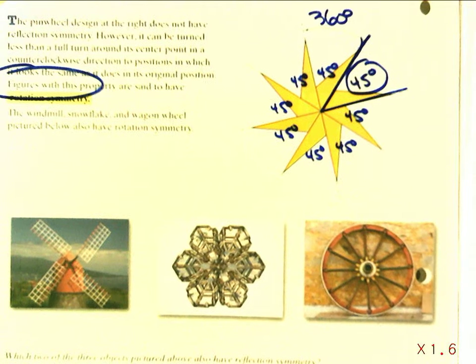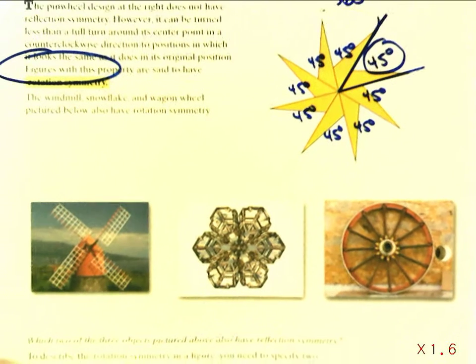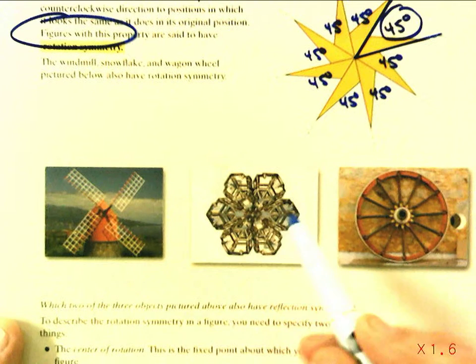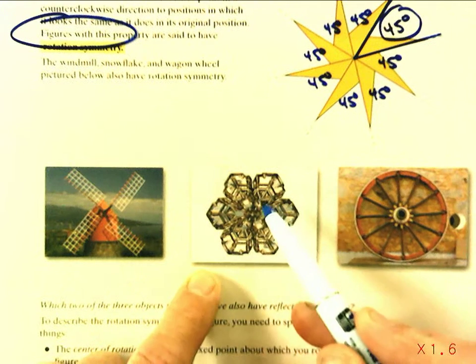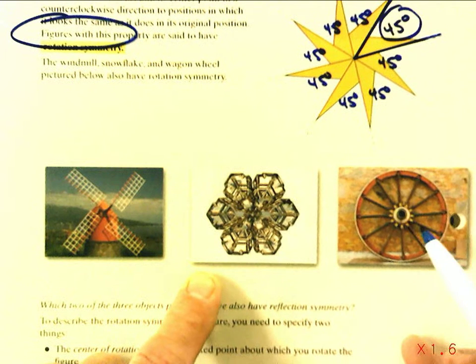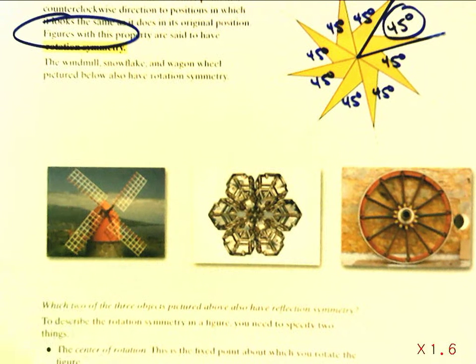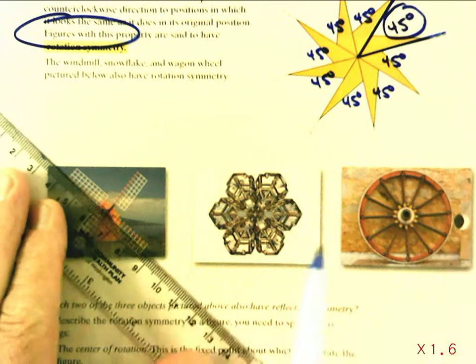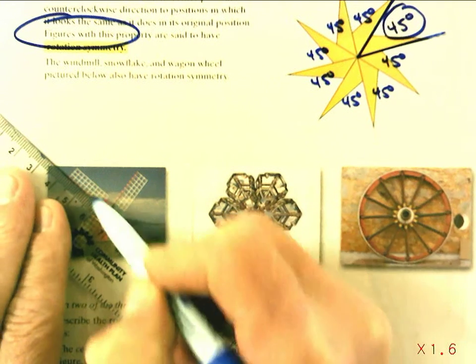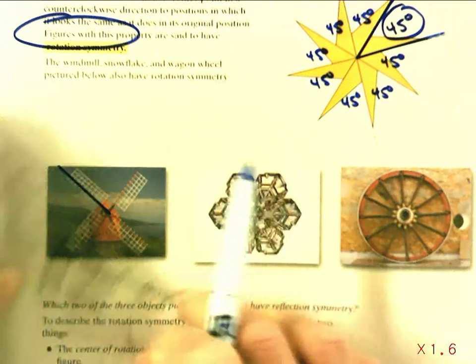And so if we look at the three images below, we have a windmill picture, a kaleidoscope, and a snowflake picture, and we also have a wagon wheel picture. In each case, you can see that they have rotation symmetry, and I can identify that rotation symmetry with the windmill by thinking of the center of the windmill being the center point, and each arm of the windmill being a point of rotation symmetry.